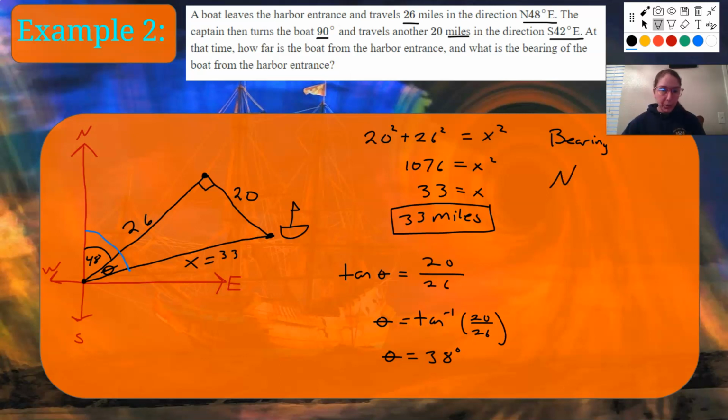The whole degree here is going to be 48 plus 38. So 86. And then in what direction did I go? I went east. And now I'm done. I answered both questions with the correct amount of significant digits as well.